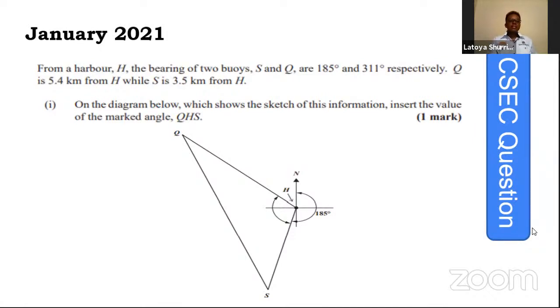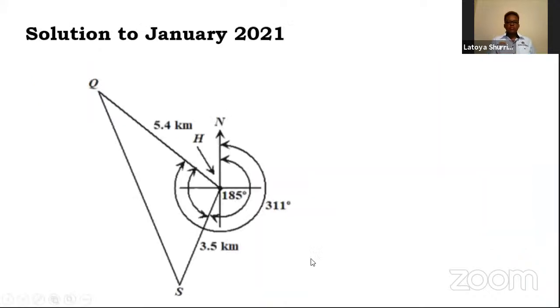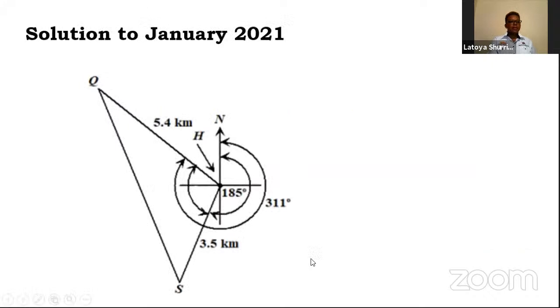All right, miss, let's show them what's happening. As you can see, that movement from H straight to Q would be 311 degrees. And we also know that the movement from H to S would be 185 degrees.